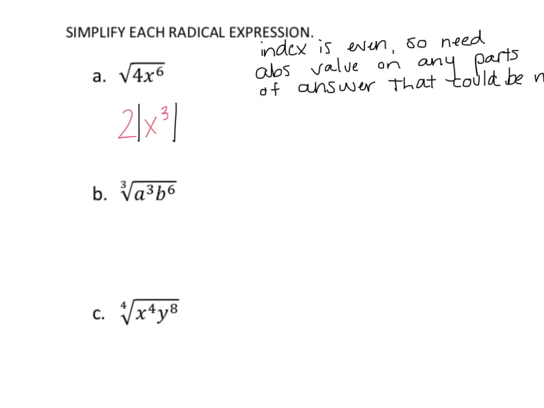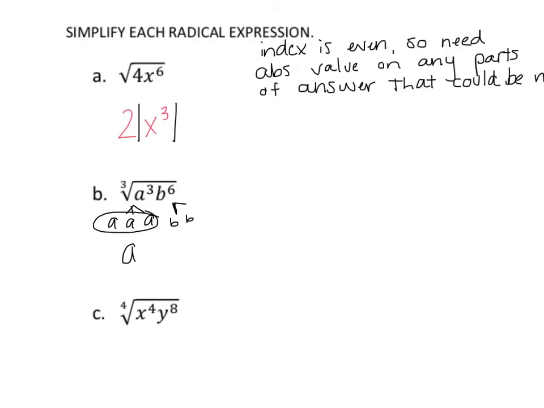All right, the next one, is our index odd or even? So are we going to have a possibility of absolute value in our answer? No, we won't. So let's see, what's cubed root of a cubed? A. It's just a. If you need help thinking about this stuff, just break that down. A times A times A, and since it's cubed root, we need sets of 3. So an A comes out. What about B to the 6th? B squared.